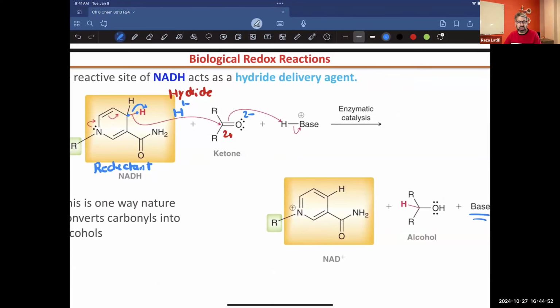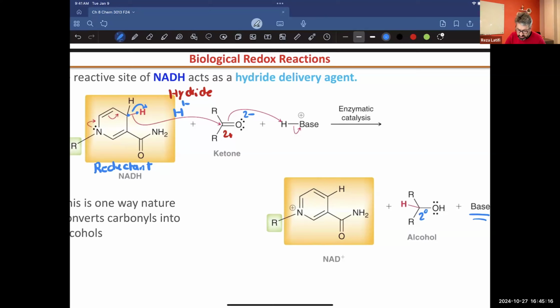So the product of reducing a ketone or an aldehyde will be an alcohol. If it's an aldehyde, it will be a primary alcohol. If it's a ketone, it will be a secondary alcohol. In this case, because we started with a ketone, it will be a secondary alcohol.